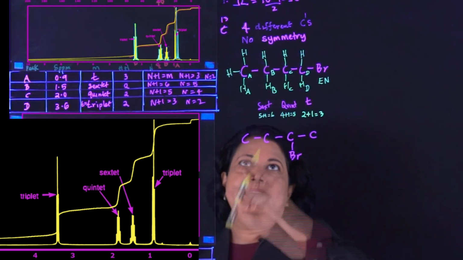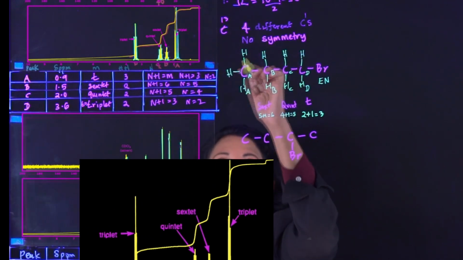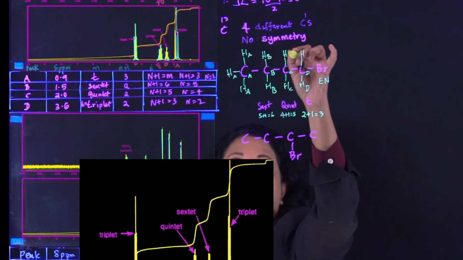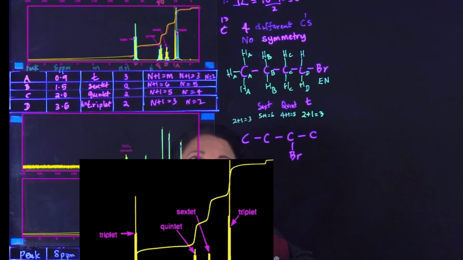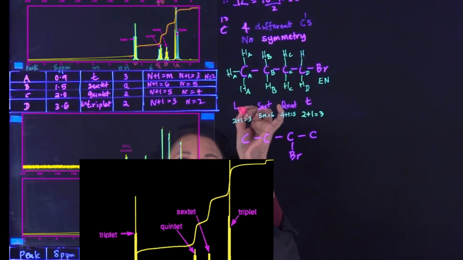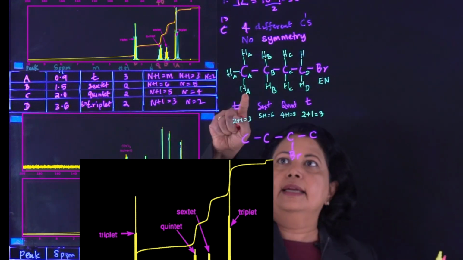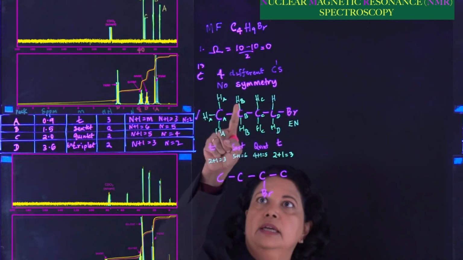This is going to be 2 plus 1 for A, HA. All of these HAs are seeing the same number of protons here on the B. So you can have 2 plus 1, 3. You can have a triplet. So HA is a triplet. Very nice. That's correct.